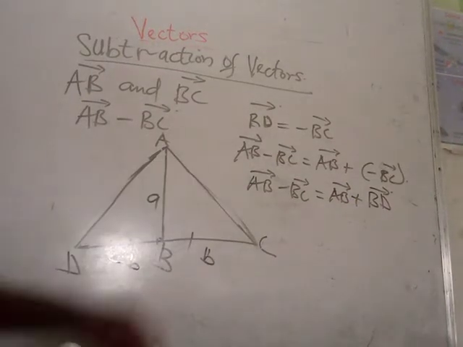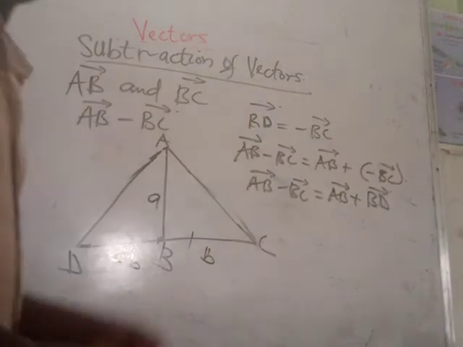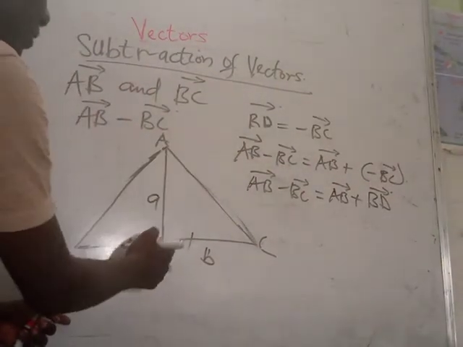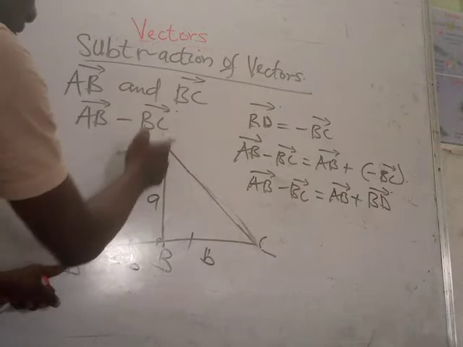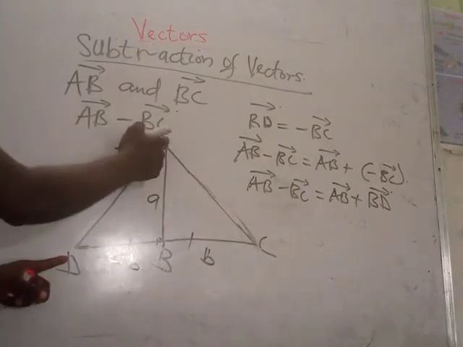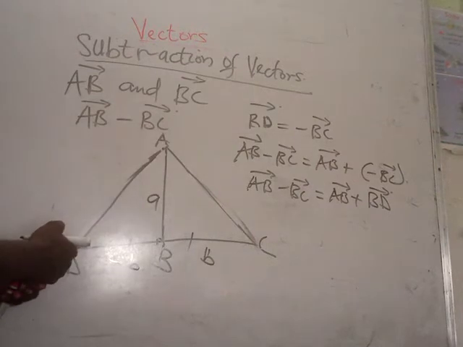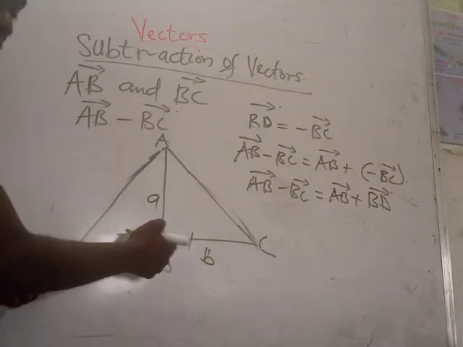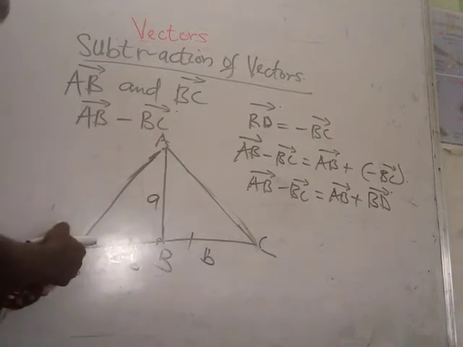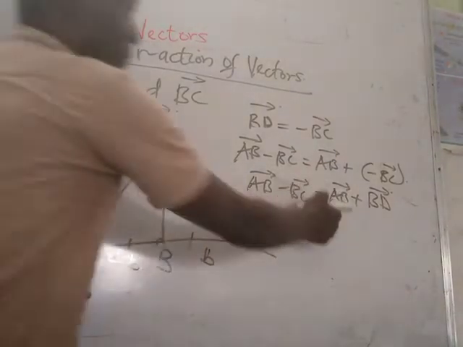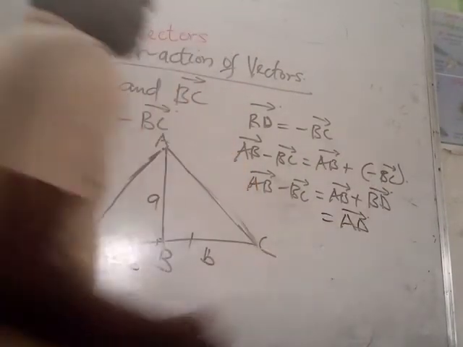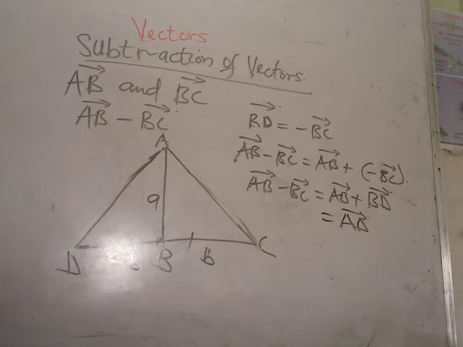So by so doing, AB minus BC, now AB plus BD is actually AD, because my destination to D is either from A directly to D, or I pass through B. So the resultant of AB plus BD is AD.